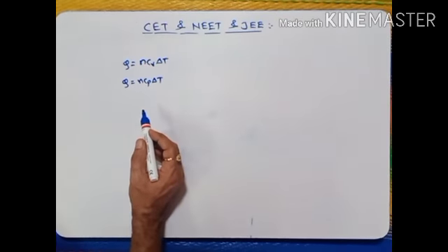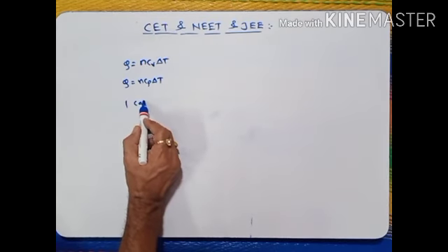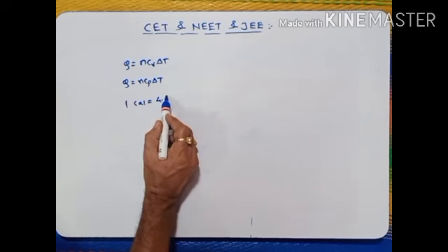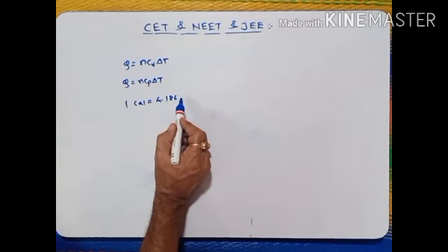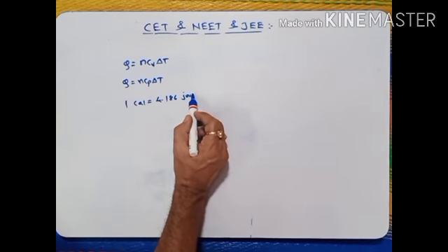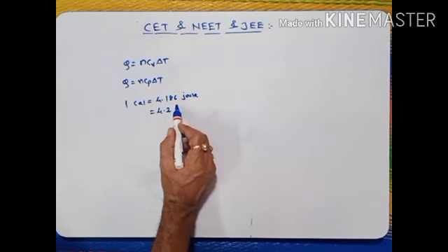And the unit of heat is calorie, and you know 1 calorie is equal to 4.186 joules, or we can take it nearly equal to 4.2 joules.